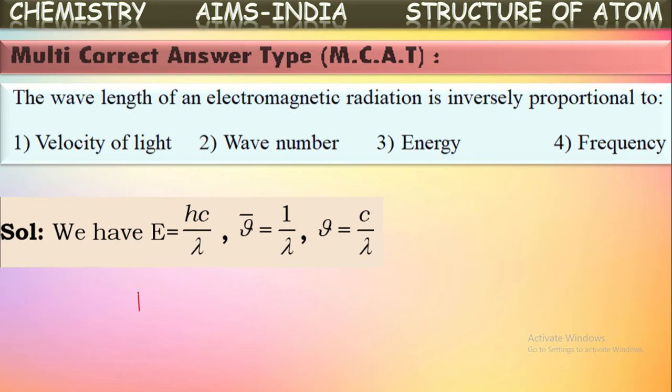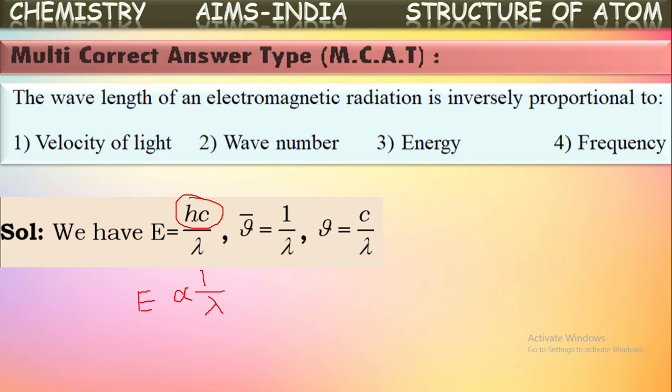We can write energy is directly proportional to 1 by lambda, otherwise we can say energy is inversely proportional to wavelength. In this equation E is equal to hc by lambda, h and c are constants. We know h is Planck's constant whose value is 6.625 into 10 to the power of minus 34 joule second, isn't it?